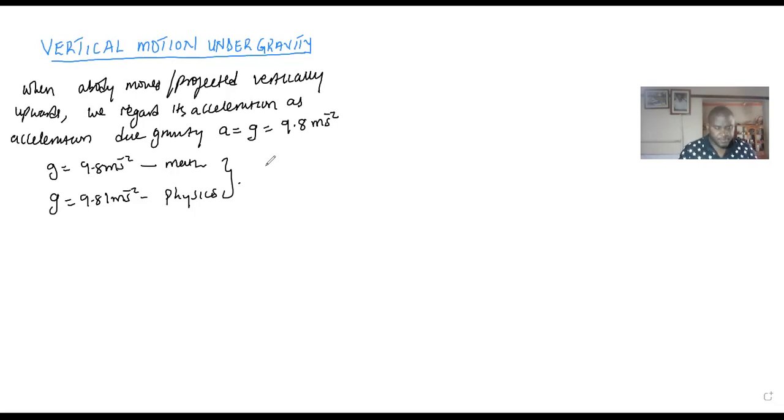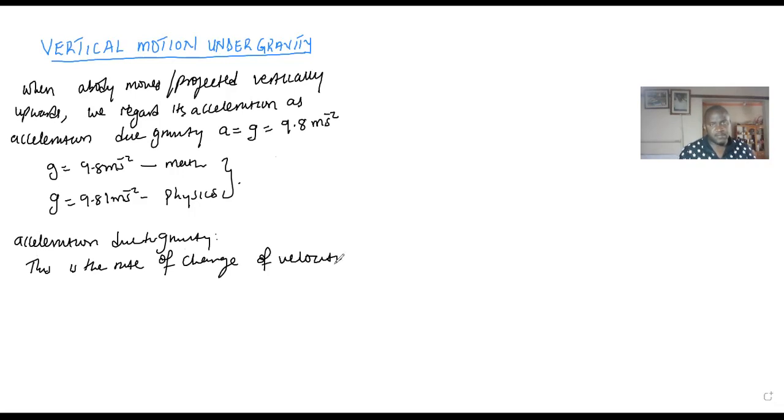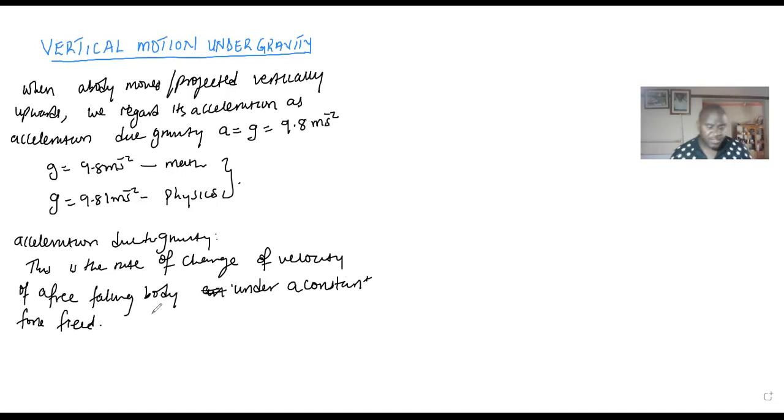Furthermore, acceleration due to gravity, by definition, is the rate of change of velocity for a freely falling body under a constant force field, like the gravitational force field.